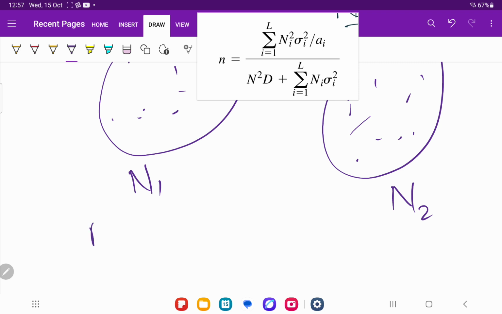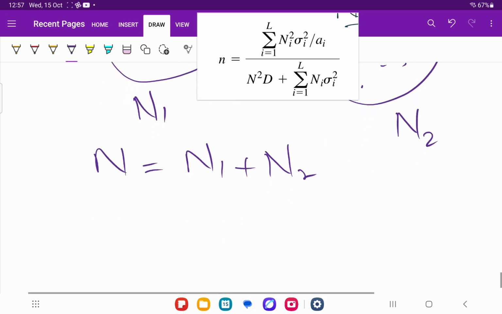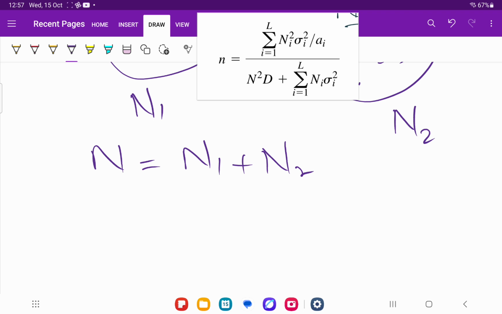Okay, so altogether, if you wanted to get the total population, you will add n1 with n2, because in one strata you have female, in another strata you have male. So you have to add them together, n1 plus n2, to get n. So once the n is there, it will be called the total population.